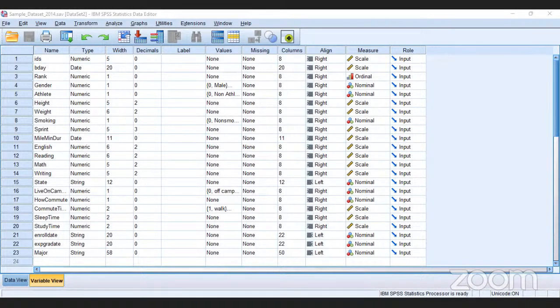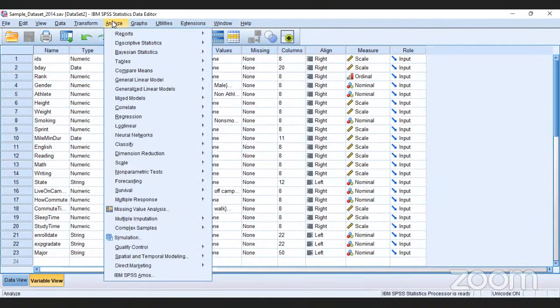Okay. So let's try and see now. To run it, we go to Analyze. From Analyze, we take Bivariate. There are different types of correlation: we have partial, canonical correlation, which I rarely use.